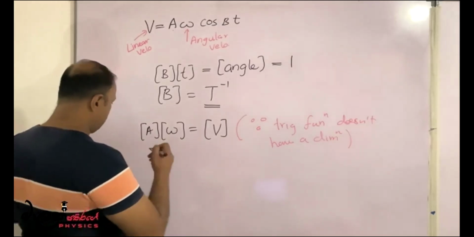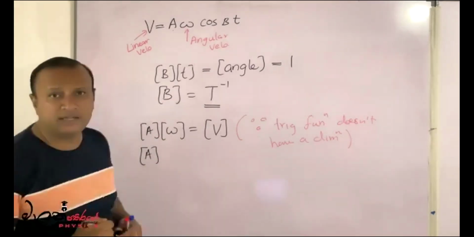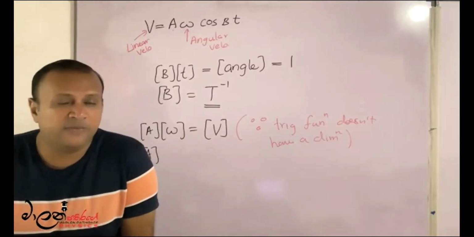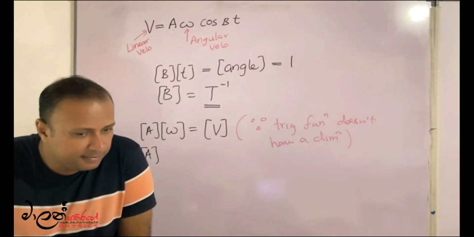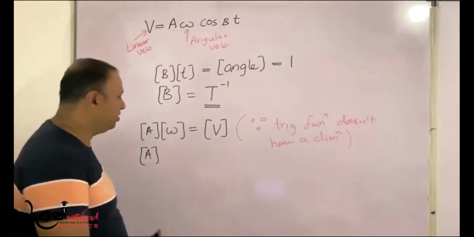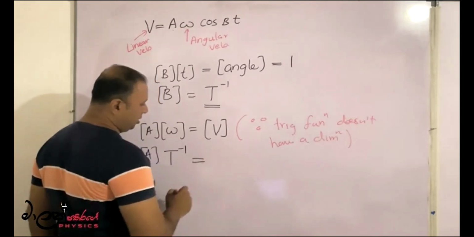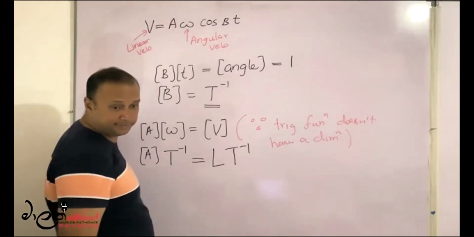Okay, then the dimension of A, the dimension of omega. What is the dimension of omega? Angular velocity. T to the power minus 1. Yes, very good. The dimension of velocity is equal to L T minus 1.